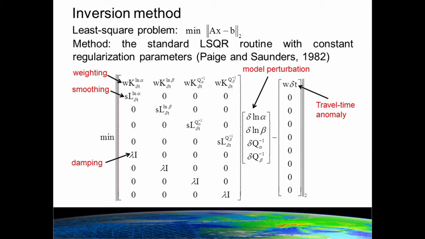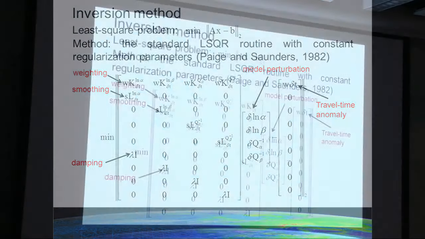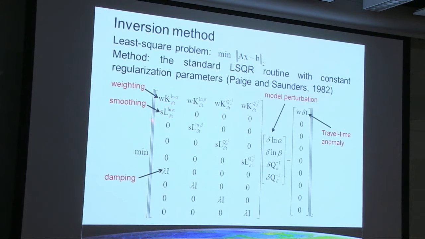For example, for the travel time anomaly delta t, we minimize this equation, where we introduce the weighting parameter W, the smoothing parameter, and the smoothing matrix. And here we also introduce the damping factor. And the solution X will be the model perturbation.